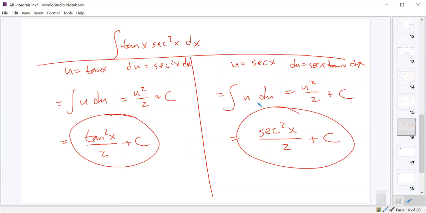So which of these answers is correct? Or are they both correct? Or are neither of them correct?